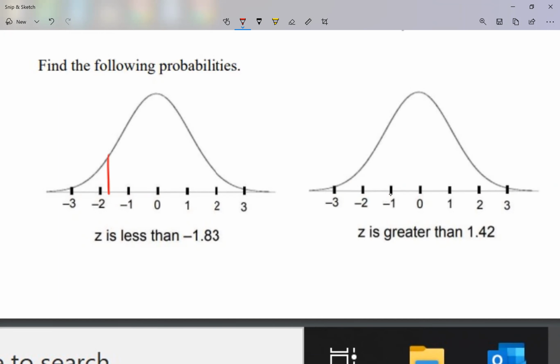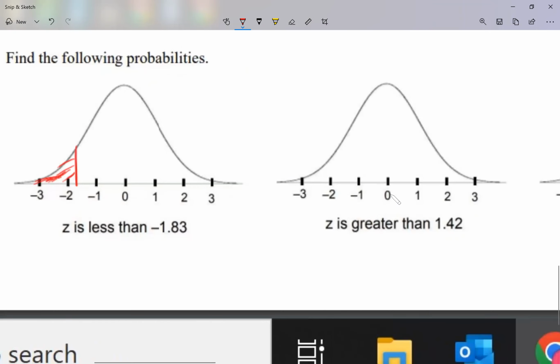Negative 1.83 is almost a negative 2. Less than. So I want to find out how much that is. For these three questions at the bottom, let me do my figures first, and I'll give you the probabilities in a minute.